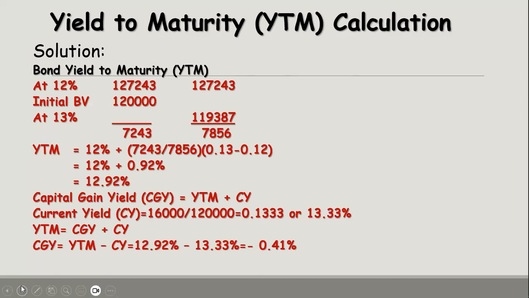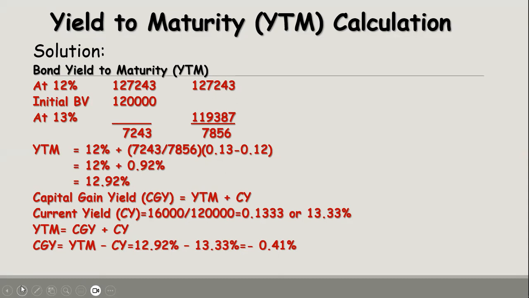It means the yield to maturity falls somewhere between 12% and 13%. 12% we have taken as the base. First we take the difference with the initial bond value of 120,000. The difference comes to 7,243, and on the other side, the difference between the values at 12% and 13% comes to 7,856.